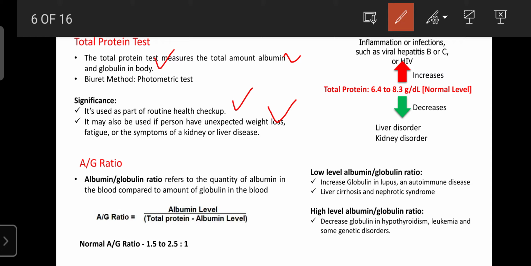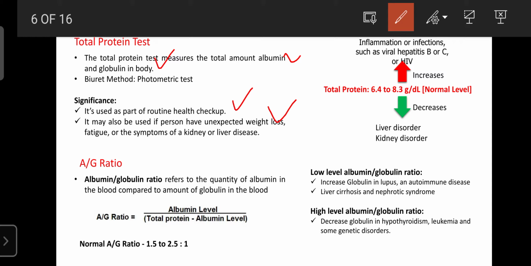That is also assessed with the help of the total protein test.